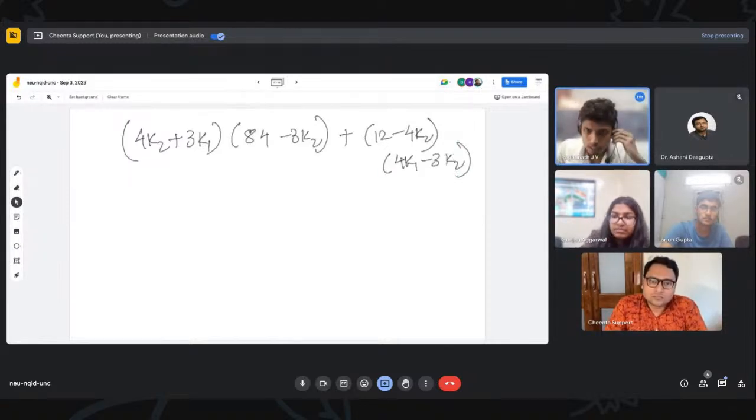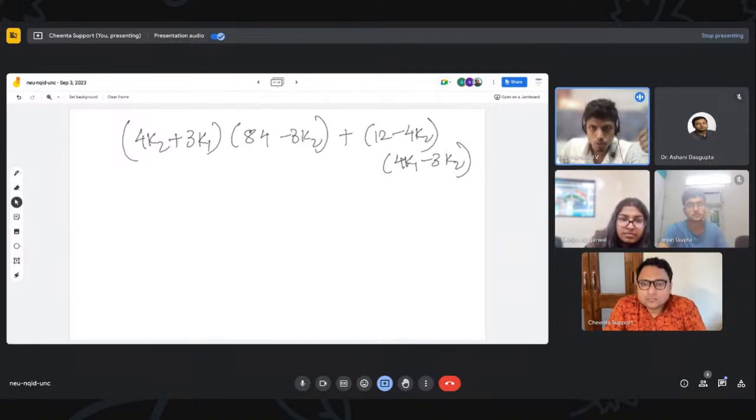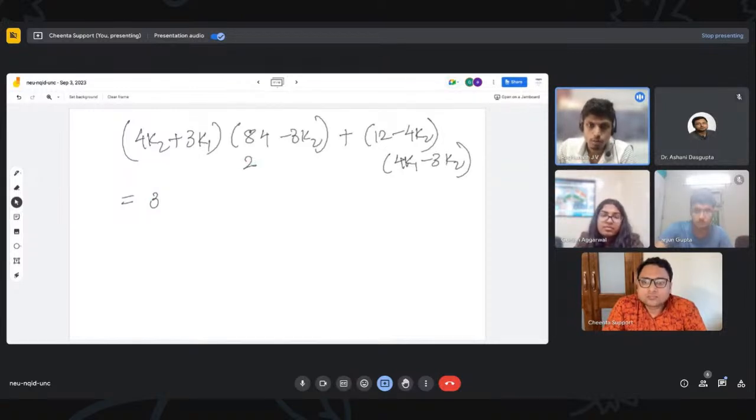So I think we should solve this maybe. If I solve this, I think I can take 3 outside to make the computations easier. So 3 into, 3 2s are 6, 7, 8, 8 3s are 24, so 28 minus k2.